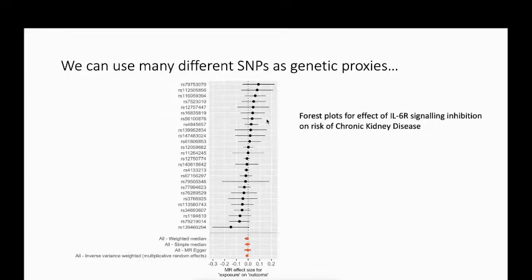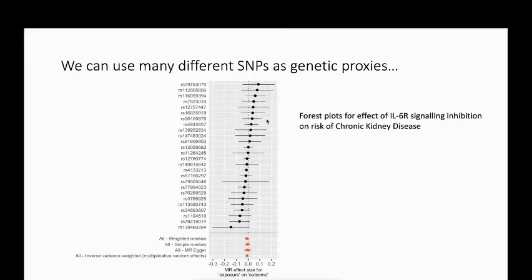This is taken from a study I recently did looking at IL-6 signaling inhibition and the risk of chronic kidney disease. We can see that we used something like 20 different SNPs, because all of these met the predefined criteria for our genetic proxies.